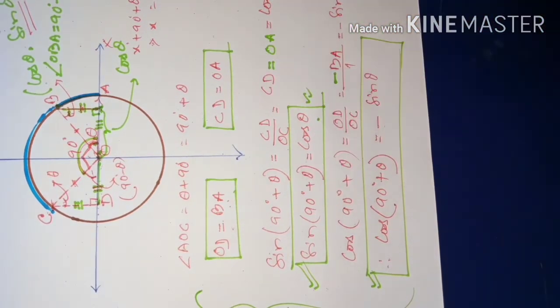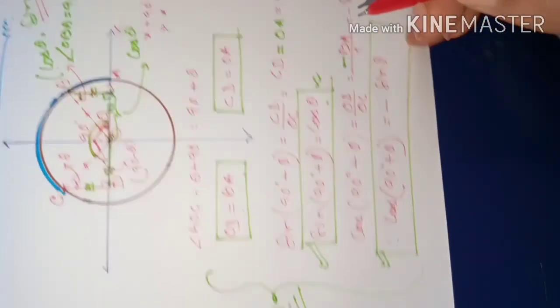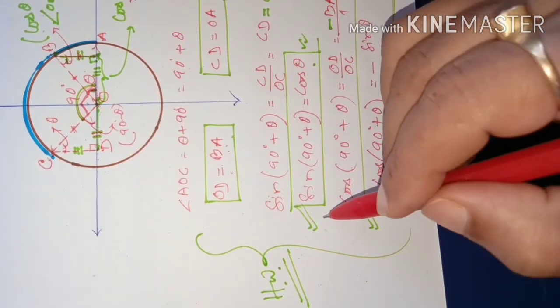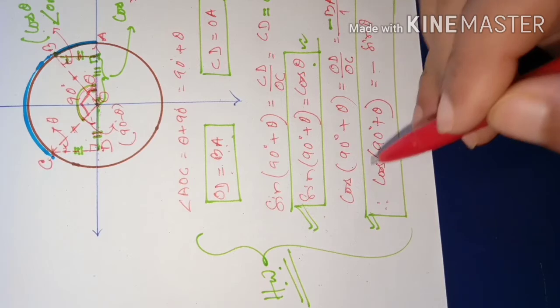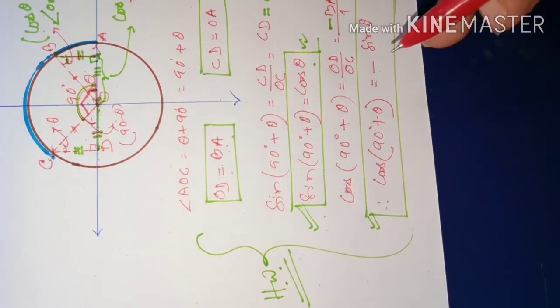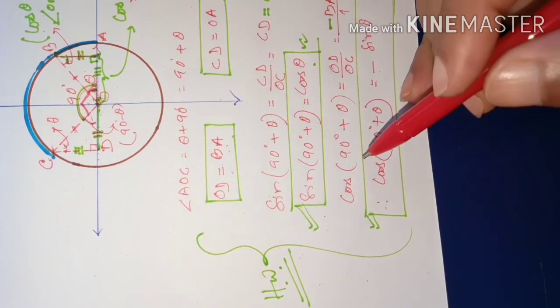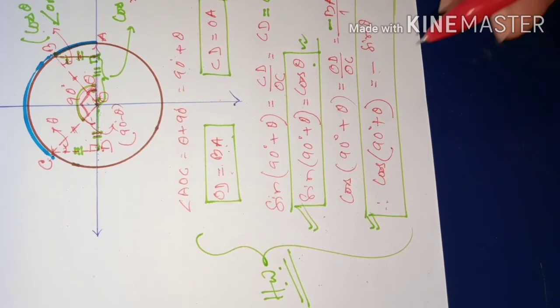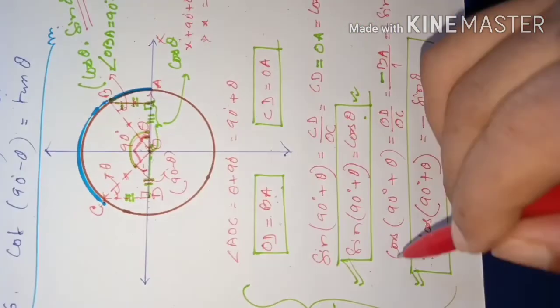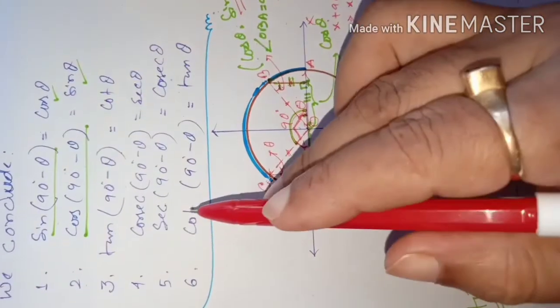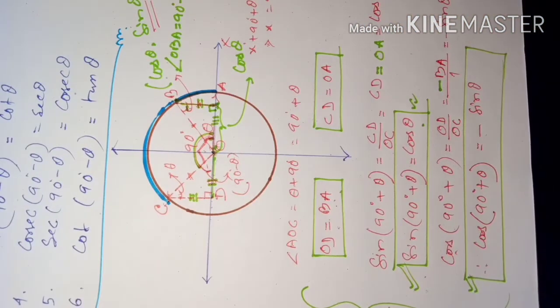Okay, dear students. So here is one more point I would like to tell you, that this concept can also be used for writing t functions of angles more than 180 or less than 180. Let me tell you how we can use this concept.